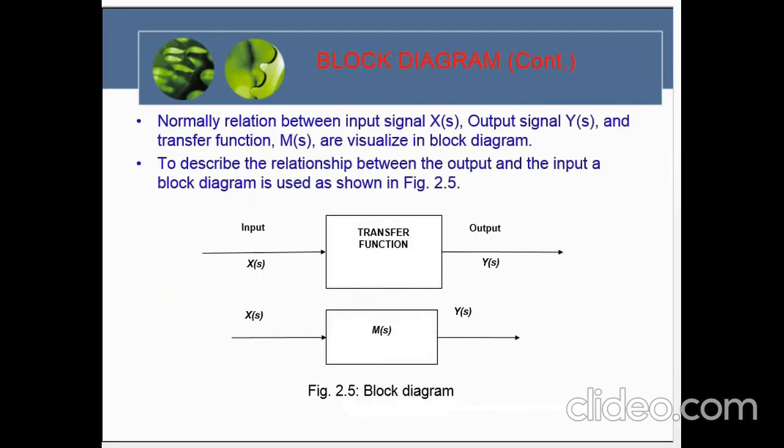Normally the relation between input signal X(s), output signal Y(s) and transfer function M(s) is visualized in a block diagram as figure 2.5. Here the input is X(s), and there is the transfer function, and the output is Y(s), or we can write that in this block it is M(s), the transfer function.